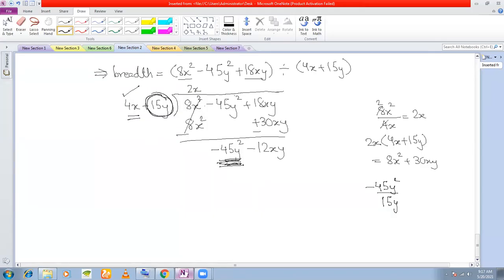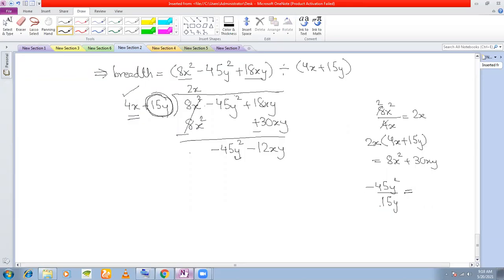Understood? So please remember this rule. Whenever a variable does not match here and a variable does not match here, you will take the next term and divide by it. So that is why we'll divide by 15y.